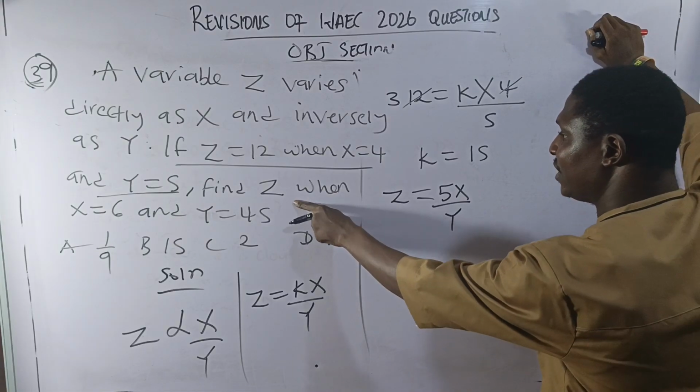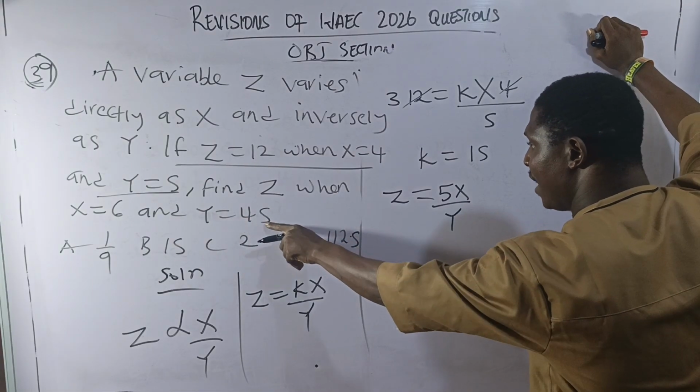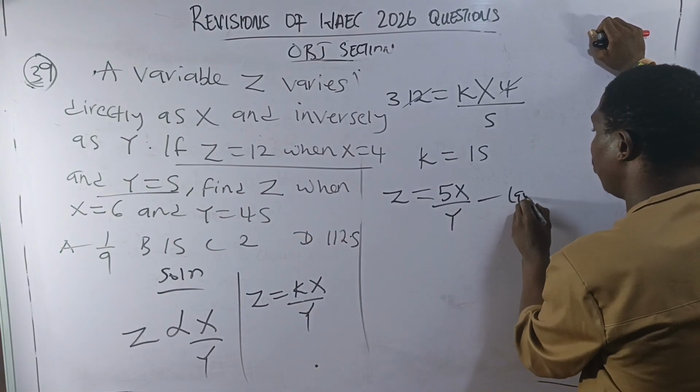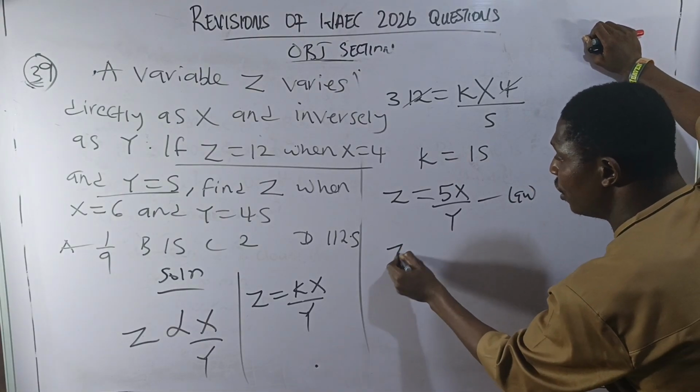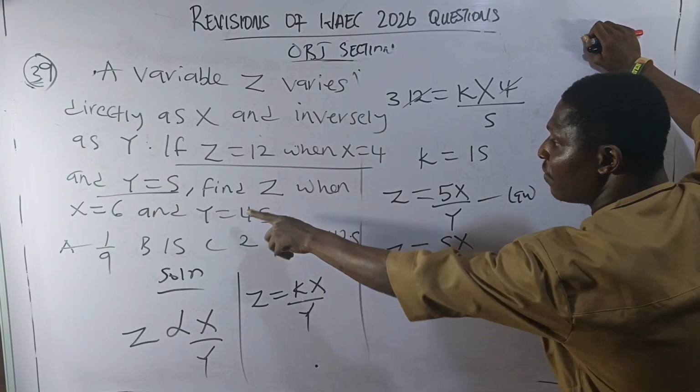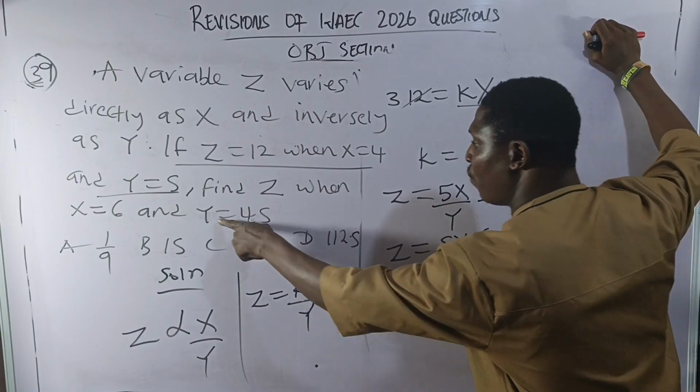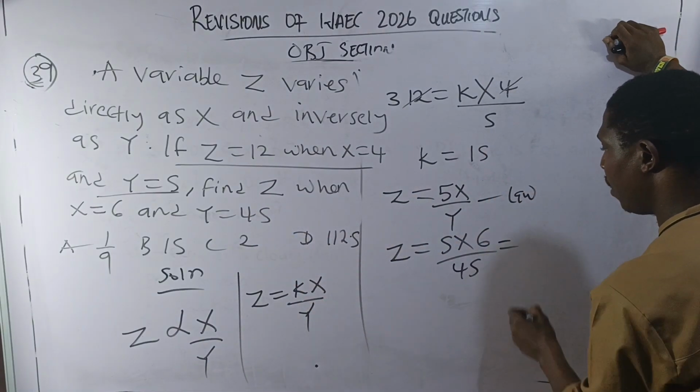Now I'm looking for z. X is 6 and y is 45. I'll use my law, also known as equation, formula, and relationship. So my z will be equal to 15 times, my value of x is 6 and my value of y is 45. Now something can cancel.